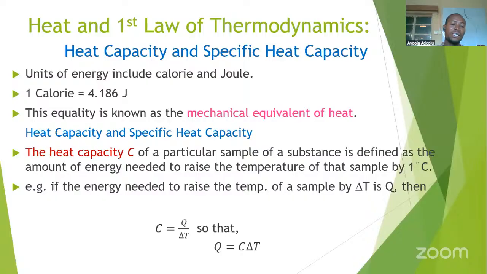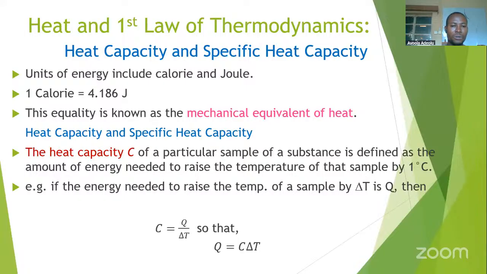So let's take the heat capacity first. The heat capacity C, that's capital C, of a particular sample of a substance is defined as the amount of energy needed to raise the temperature of that sample by 1 degree Celsius. So the heat capacity is the amount of energy we need to raise the temperature of the whole sample by 1 degree Celsius.